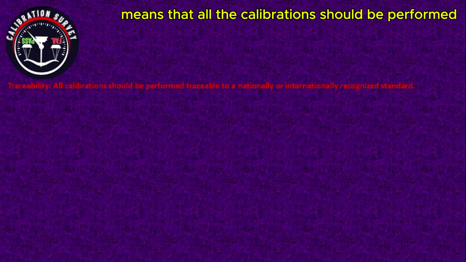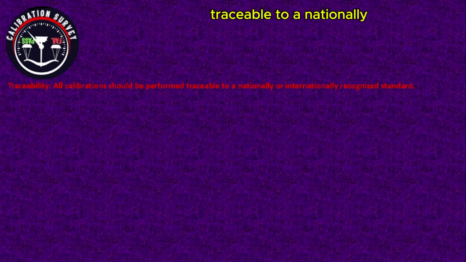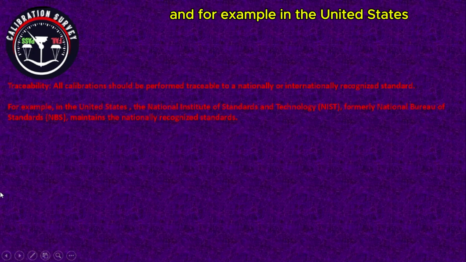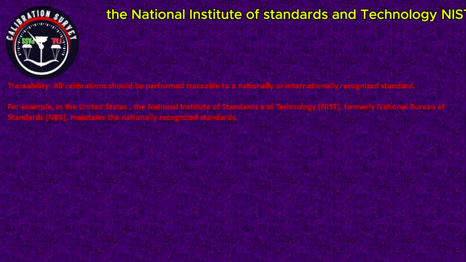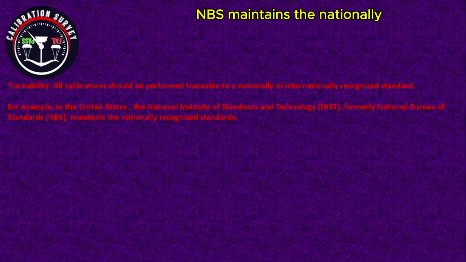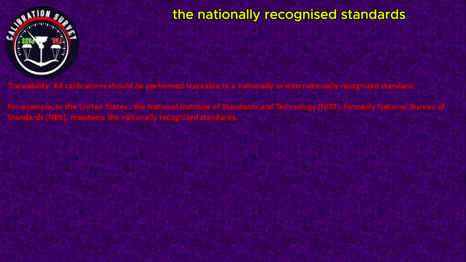Traceability means that all the calibrations should be performed traceable to a nationally or internationally recognized standard. For example, in the United States, the National Institute of Standards and Technology, NIST, formerly National Bureau of Standards, NBS, maintains the nationally recognized standards.